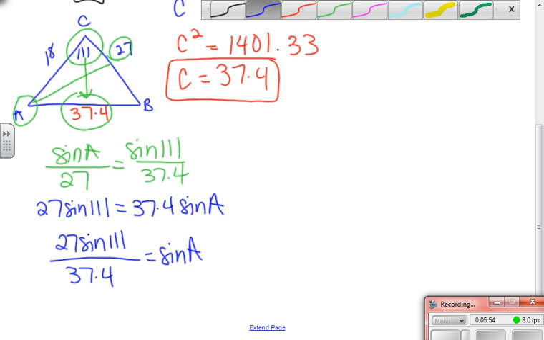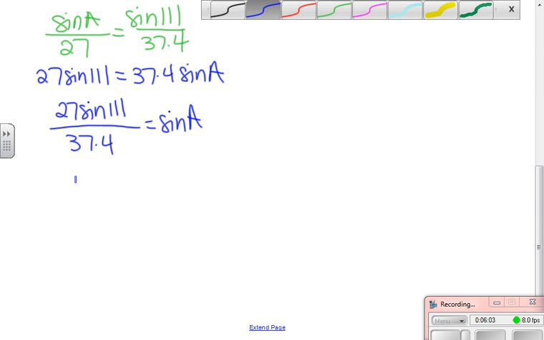And if you take the sine of that, you are going to get something in the vicinity. Sine A is 0.6739-ish.